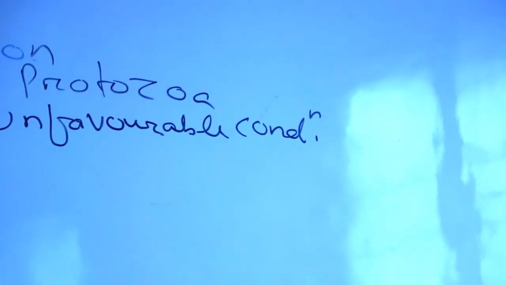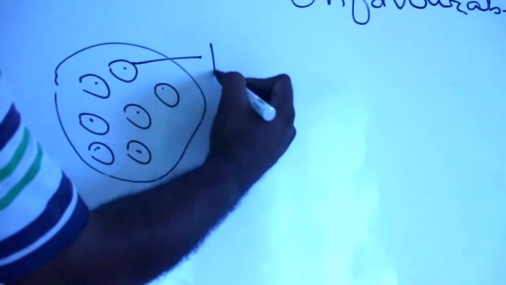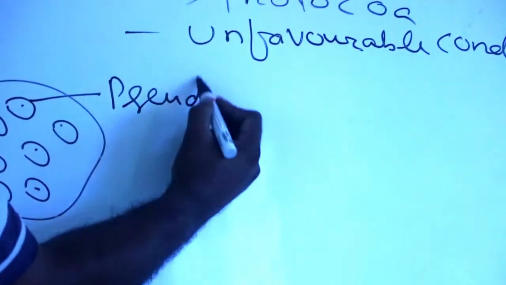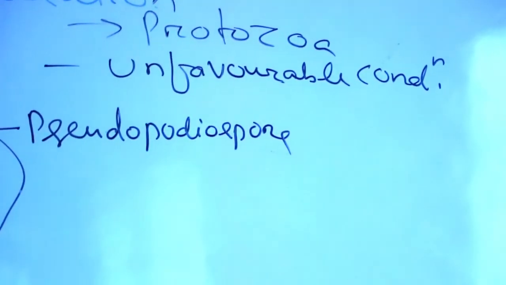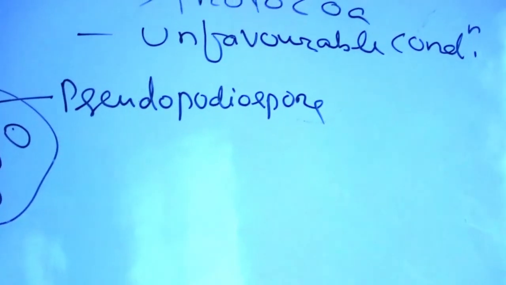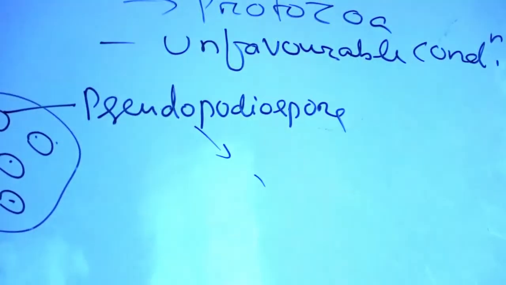During this method, the protozoan produces so many thick-walled resting cells called pseudopodiospores or spores. Then after onset of favorable condition, each spore grows to form a new individual.